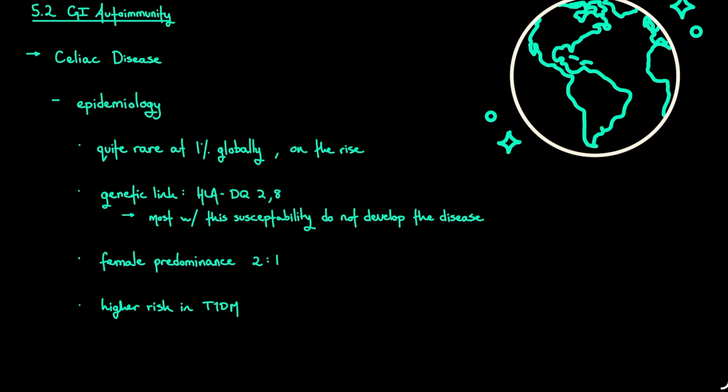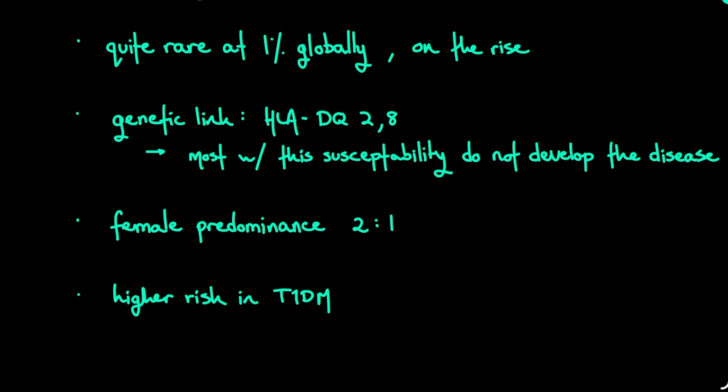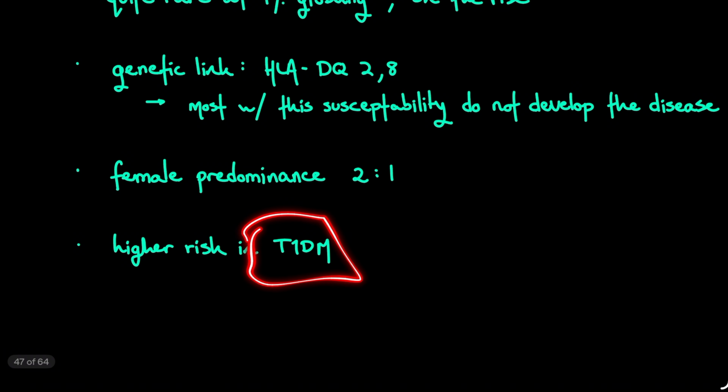And I want to end on this super, I guess not cool, but let's say physiologically morbid, but curious and interesting note. Folks with one autoimmune condition have a high likelihood of having another autoimmune condition.